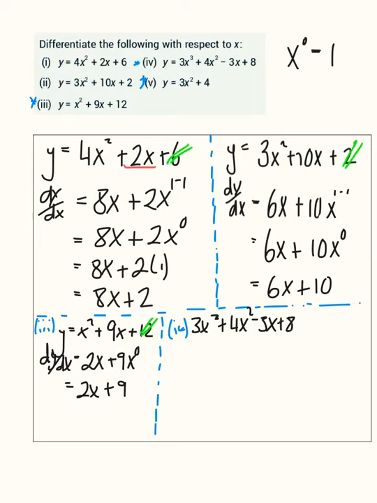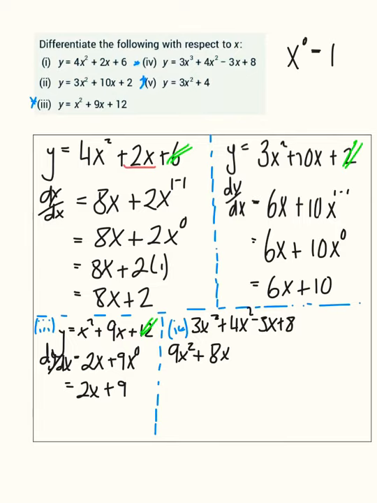So again, power multiplied by what's in front of the x, minus 1 from the power. Those are the 2 steps we're doing here to each term. So 3 times 3 is 9x, minus 1 from the power, 3 minus 1 is 2. Next term, 2 times 4 is 8, minus 1 from the power is 1.